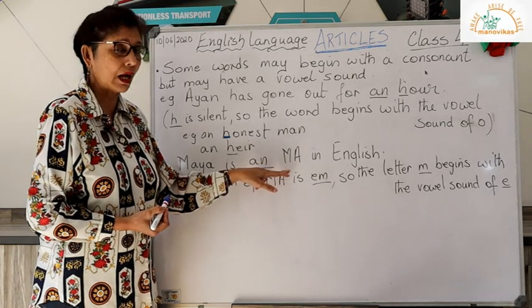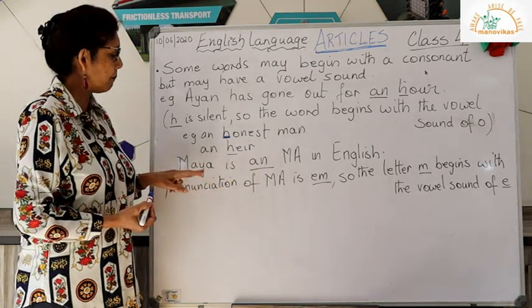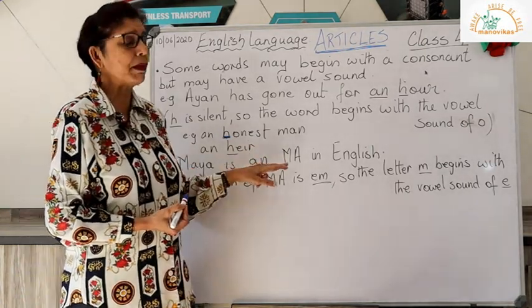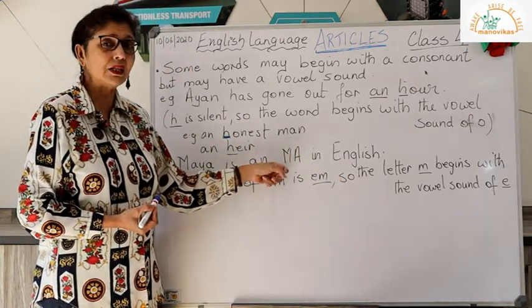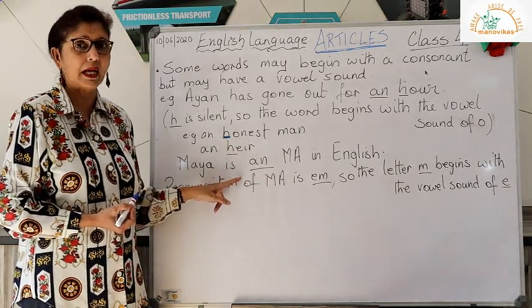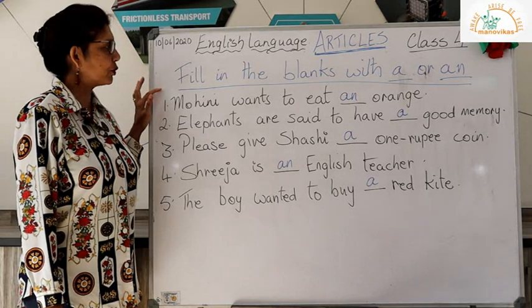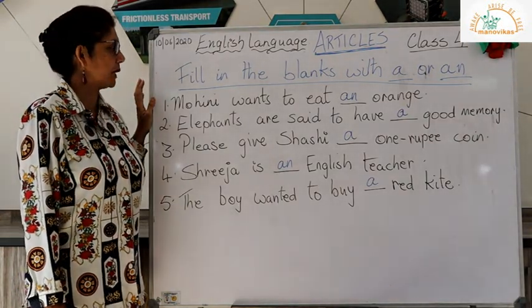So when it has the sound of a vowel, you use an. So Maya is an MA in English. So remember, when the word begins with the sound of a vowel, although it's a consonant, you have to use an.